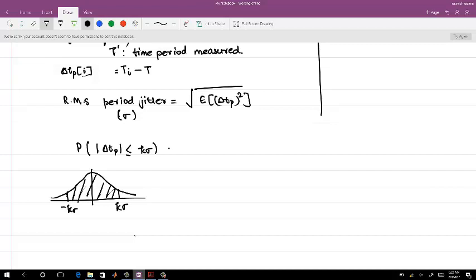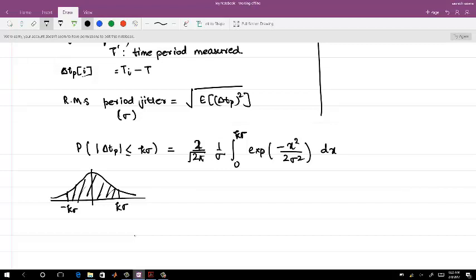This probability is equal to 1 by root 2 pi sigma times the integral from 0 to k sigma of exponential of minus x squared by 2 sigma squared dx, and this is 2 times of that.